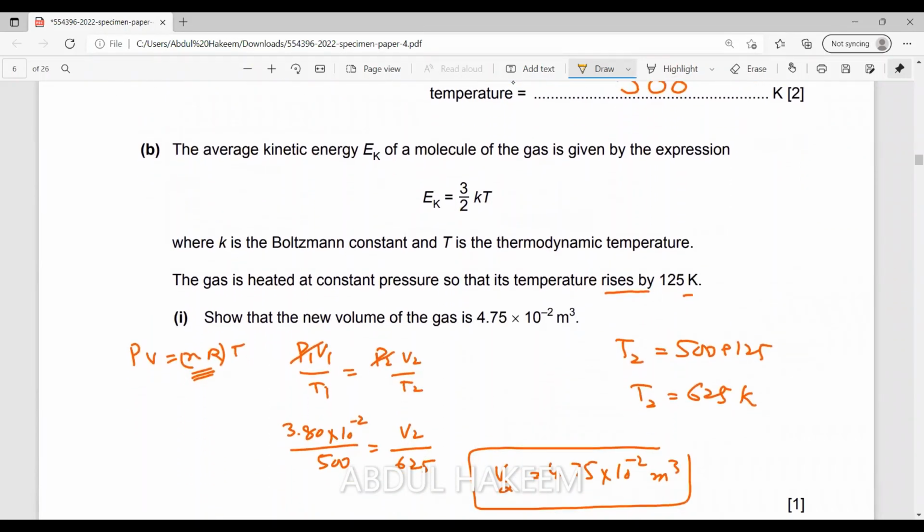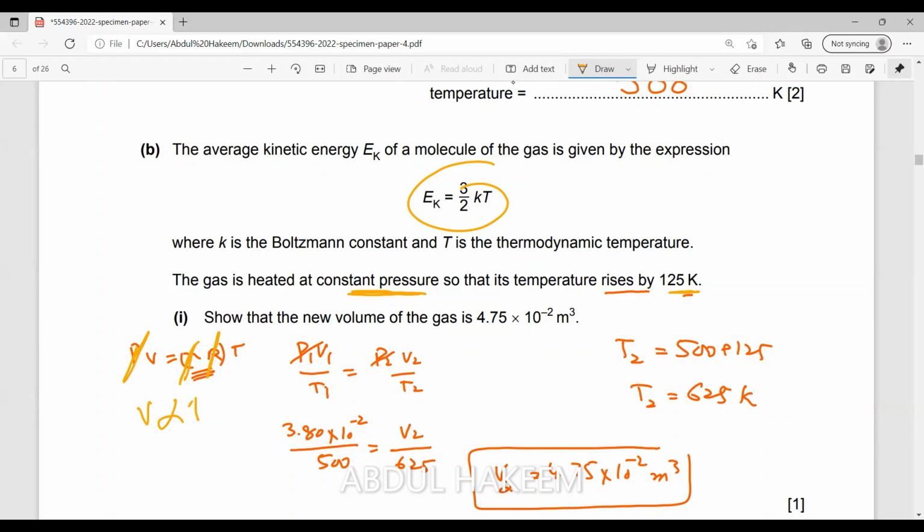Next, the average kinetic energy of a single molecule is 3 by 2 kT, where k is the Boltzmann constant, T is the temperature. Gas is heated at constant pressure so that the temperature rises by 125. Show that the new volume. Look, PV is equal to nRT, n constant, R constant, P constant.